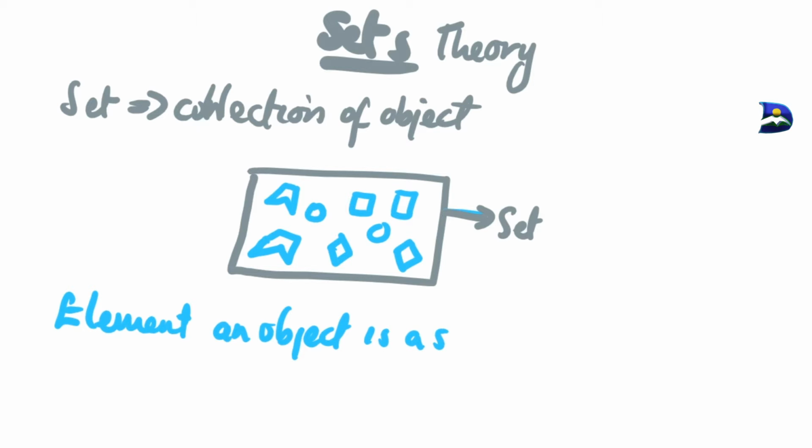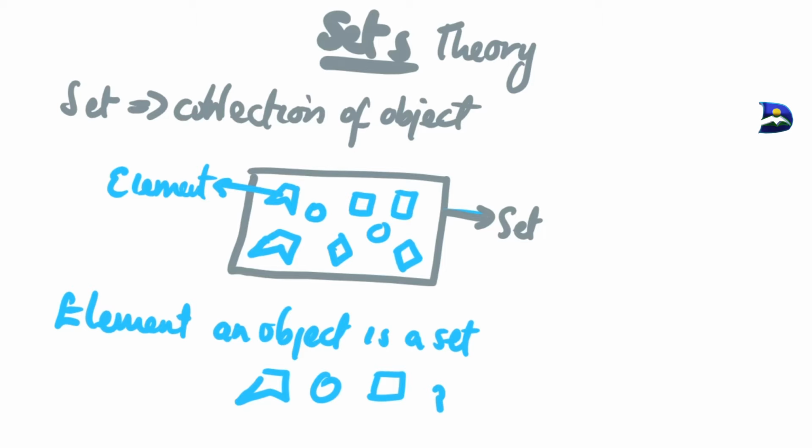An example of an element as we defined here is this particular object inside, which we consider an element because it is contained in a set. There are other specific objects in this set: we have this circle right here, we have this rectangle or square, we have another object which is a kite-looking shape, and all these are defined as elements.